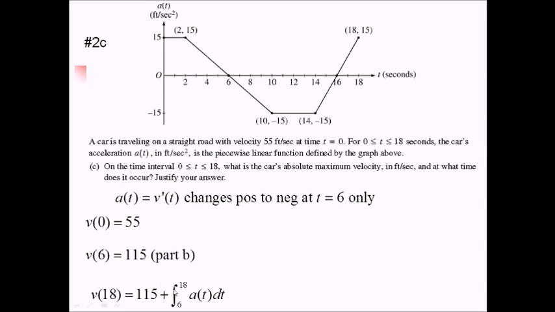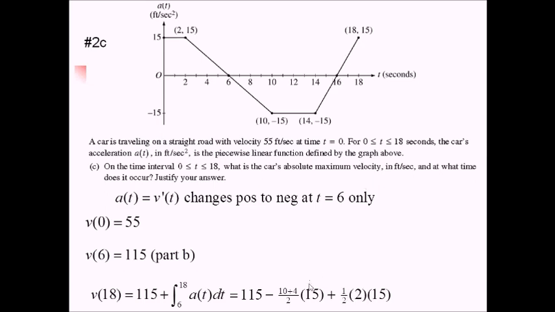So I've got 115 plus, and now I've got two shapes I have to add. I have this huge trapezoid underneath here. This is a base of 10 plus a base of 4 divided by 2 times a height of negative 15. So I guess I'm actually subtracting that. And then we've got this triangle over here that's 1/2 times a base of 2, height of 15.